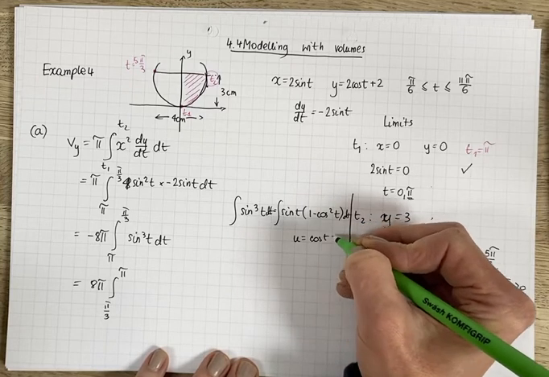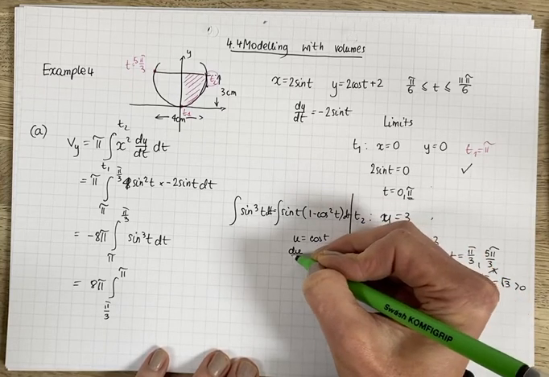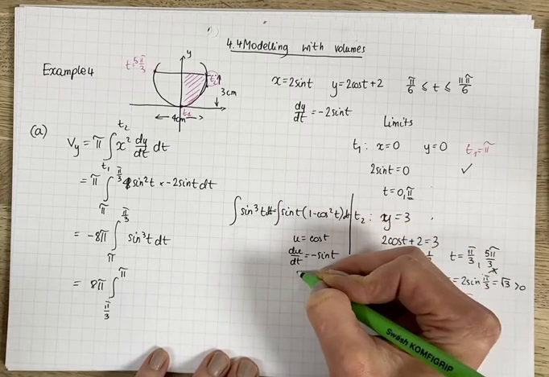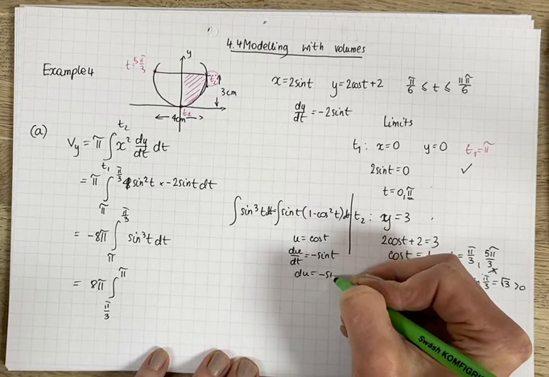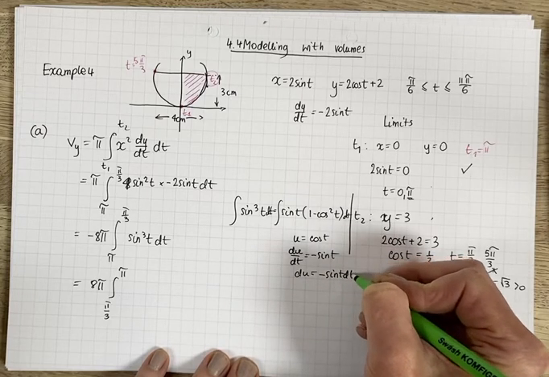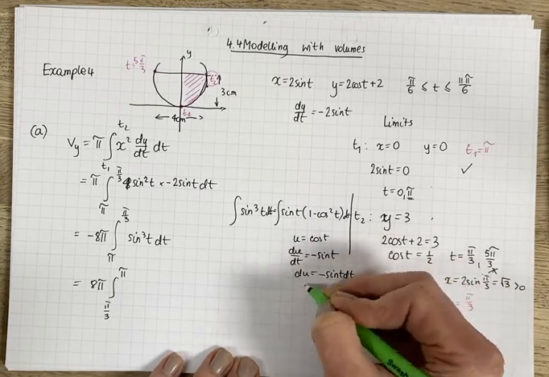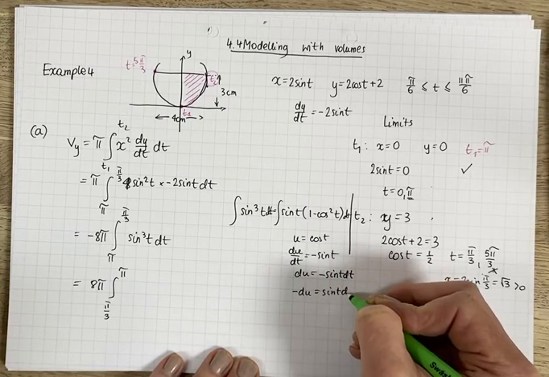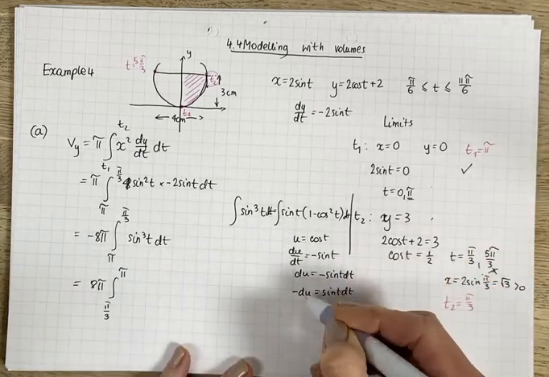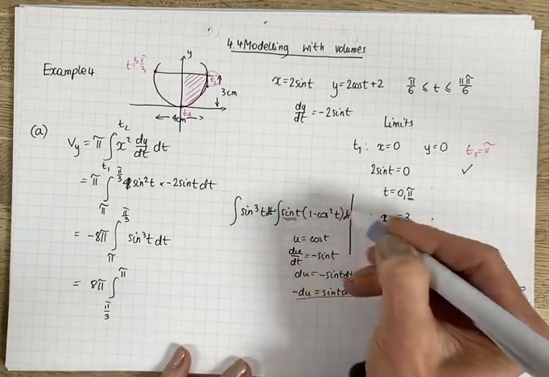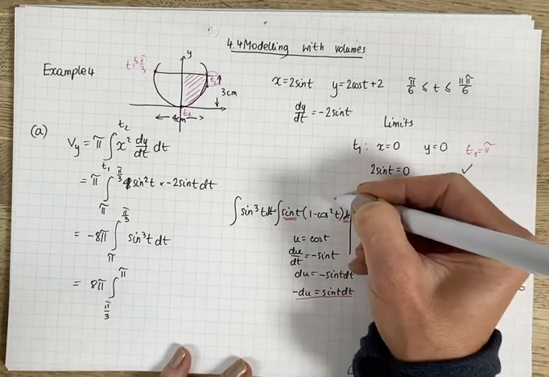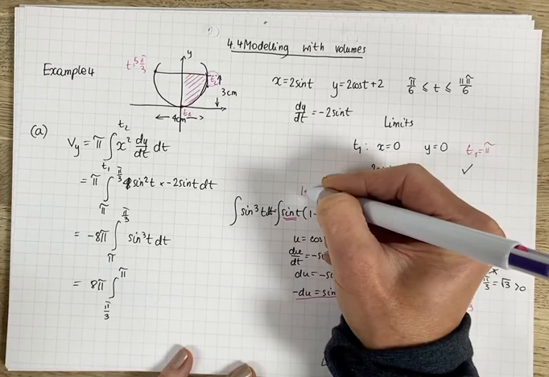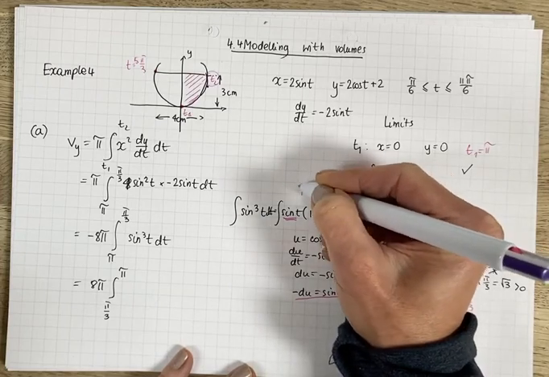Let's substitute u for cos t, and then du/dt is equal to minus sine t. So du is equal to minus sine t dt. So minus du replaces sine t times dt, which I have got over here. And then you've got 1 minus u squared.